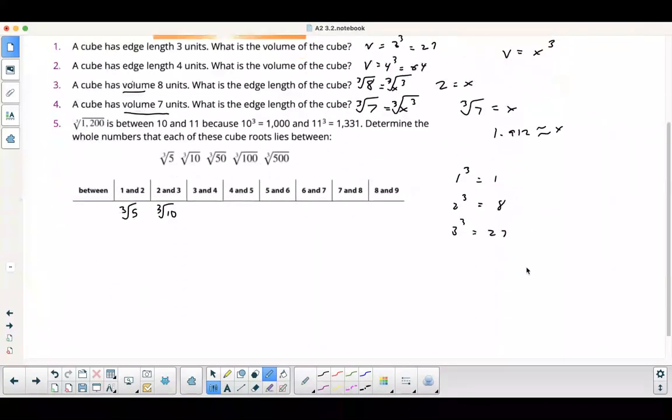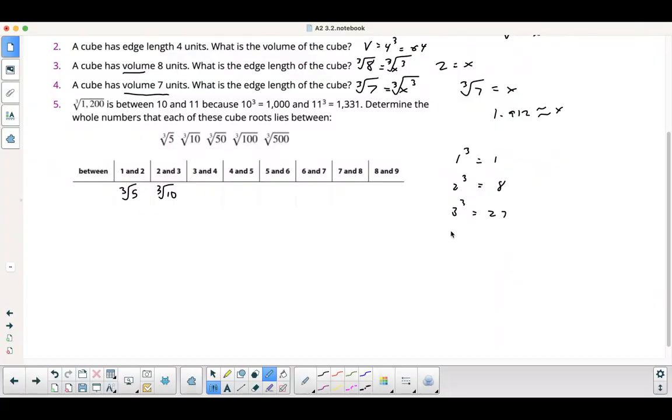Let's keep going here. 4 cubed is 64. So 50 would be between 27 and 64. So the cube root of 50 would be between 3 and 4. 5 cubed is 125. So 100 is between 64 and 125.